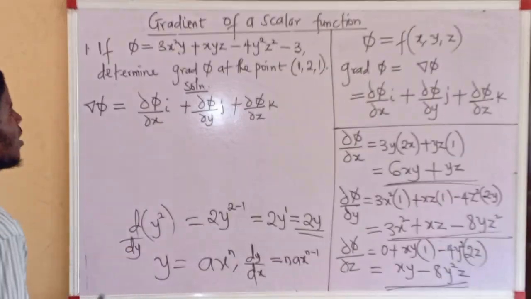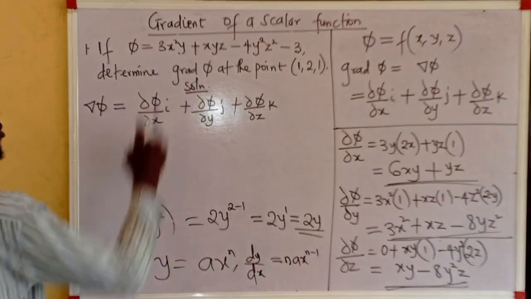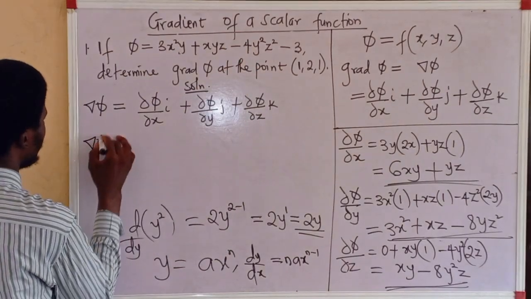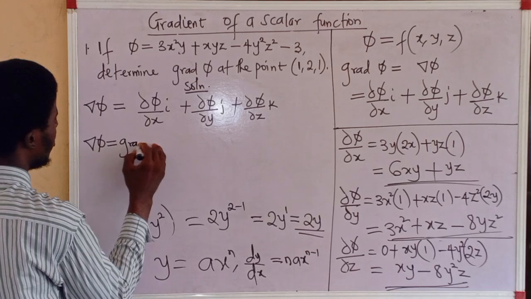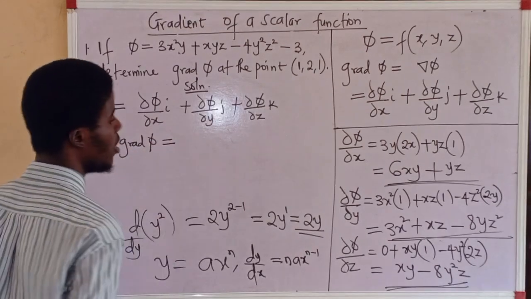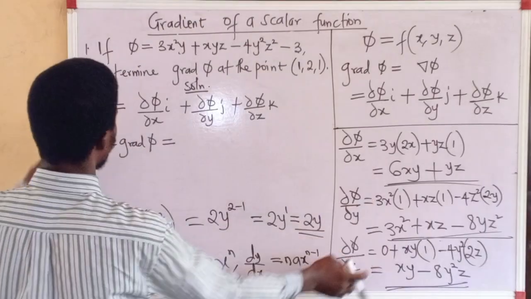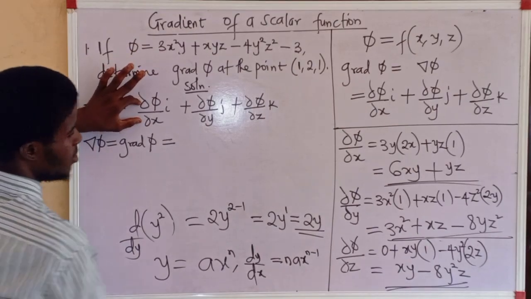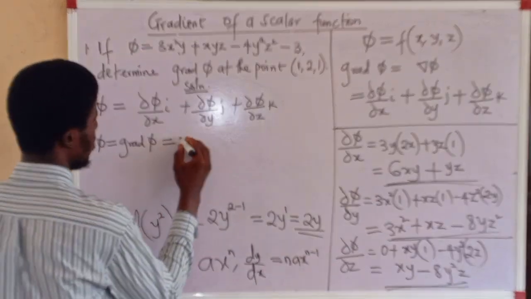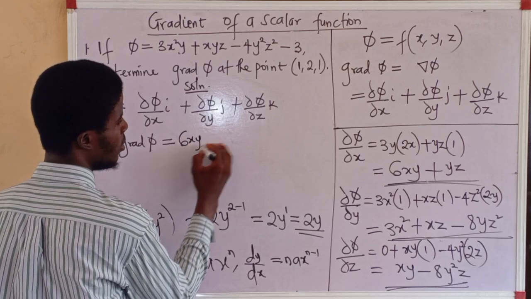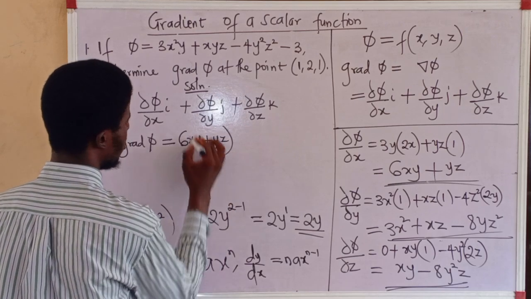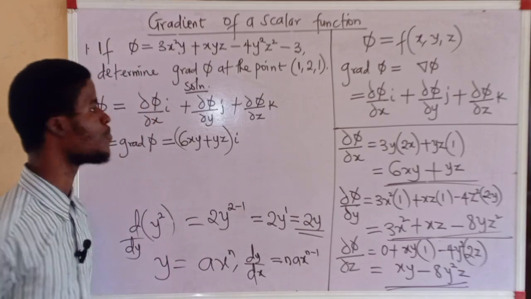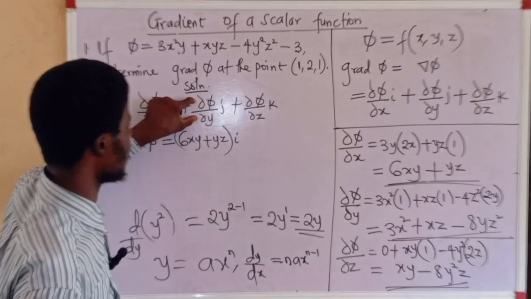Now, what is the grad of phi? The gradient of this scalar field. The grad of phi is equal to this. Let's substitute this into this formula. Partial phi, partial x is this. That is 6xy plus yz times i. Okay. What is partial phi, partial y?